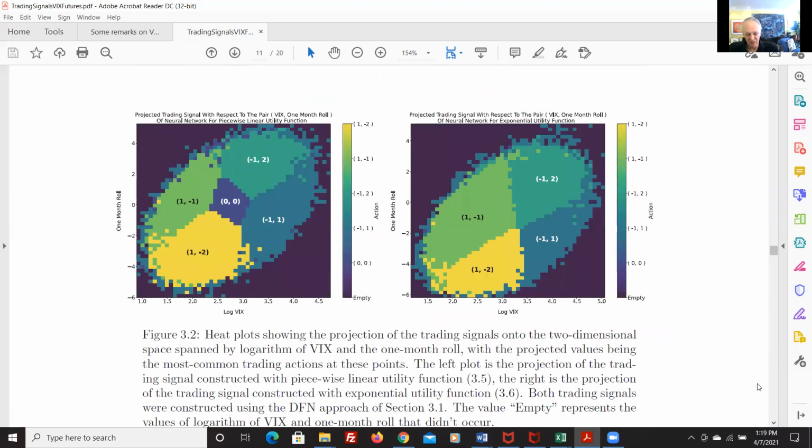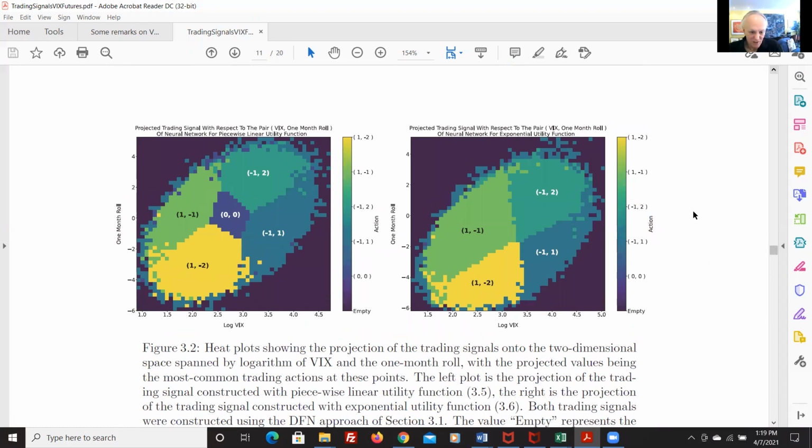Forget about these things. The result of computing these strategies, explained in plain English, is that you're basically looking at the VIX state, the log VIX, and then here the 1 month roll, which means the 1 month slope of the curve. So you're looking at the spot VIX today and the 1 month slope.